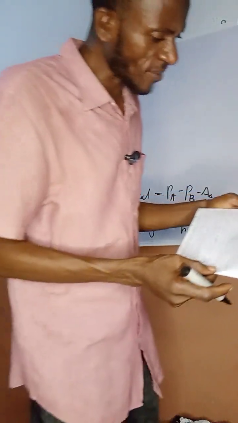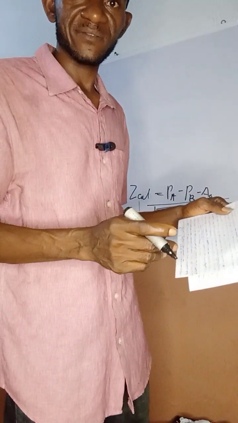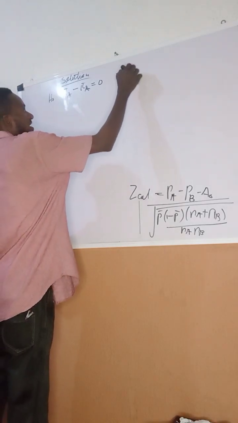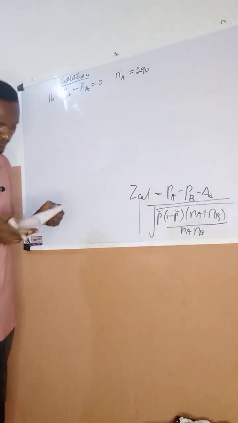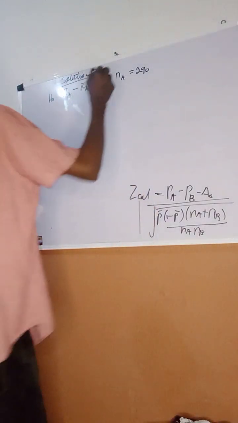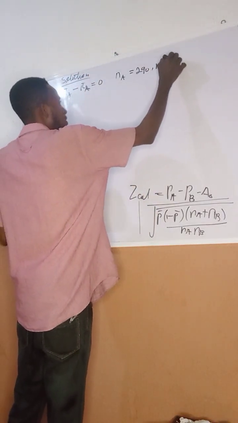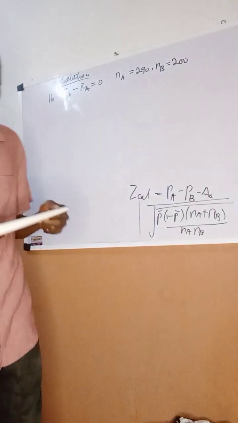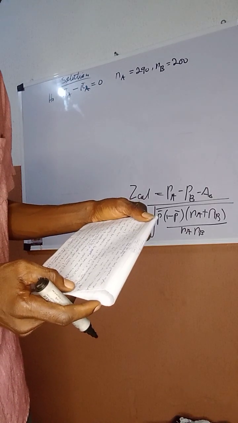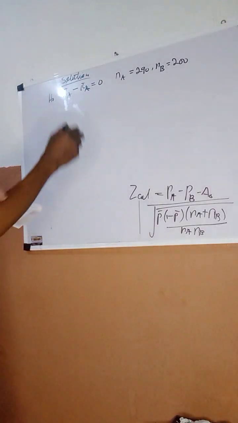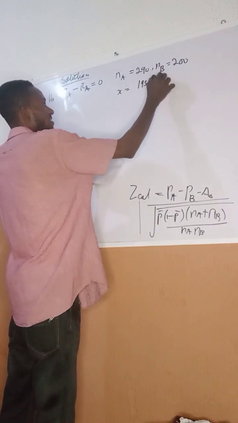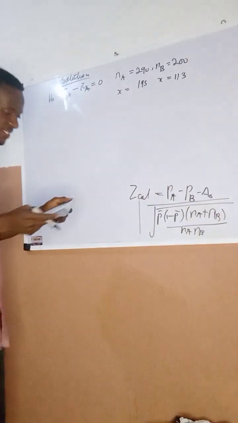They say, in a random sample of 290 men, so my n of A equals 290, and 200 women, which means my n of B equals 200, 195 men and 113 women are married, which means our x here equals 195 and our x here equals 113 respectively.